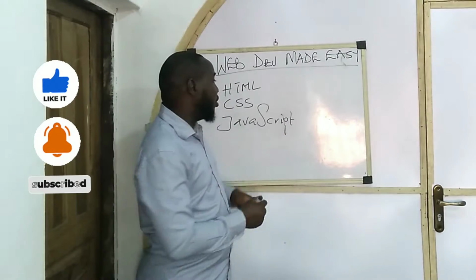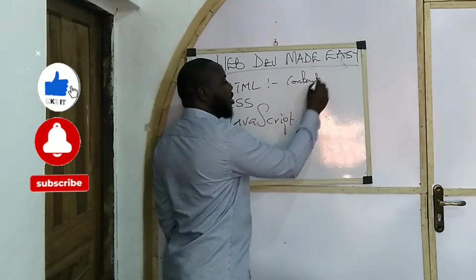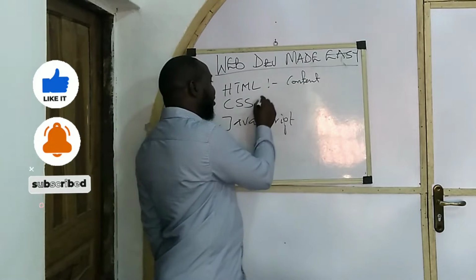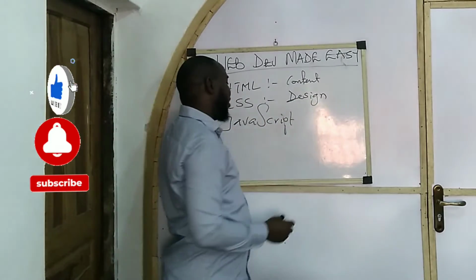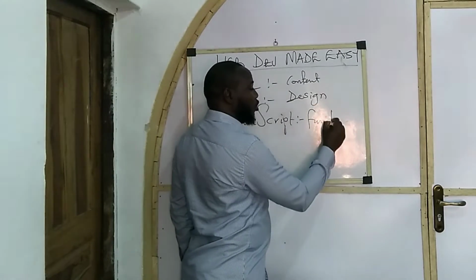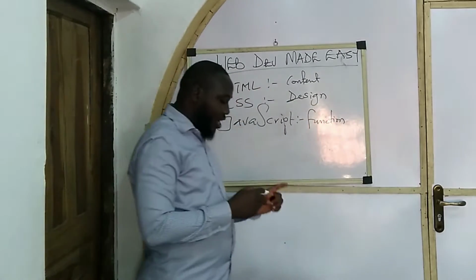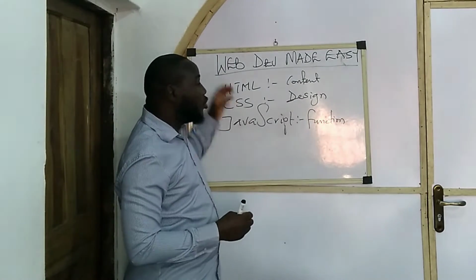HTML has to do with the content of the website, the bone, the text of the website, the images of the website. CSS has to do with the design of your website, and JavaScript has to do with the function of your website. So it is very interesting that these are very useful.